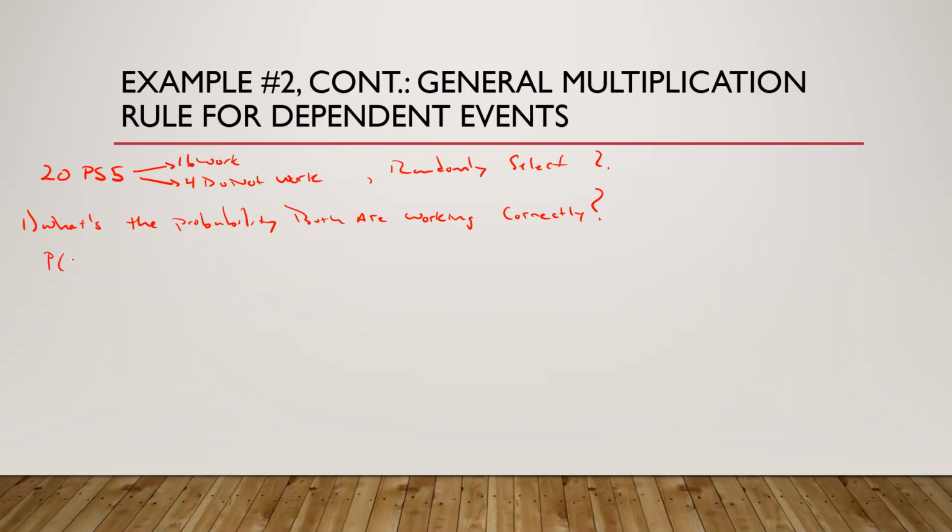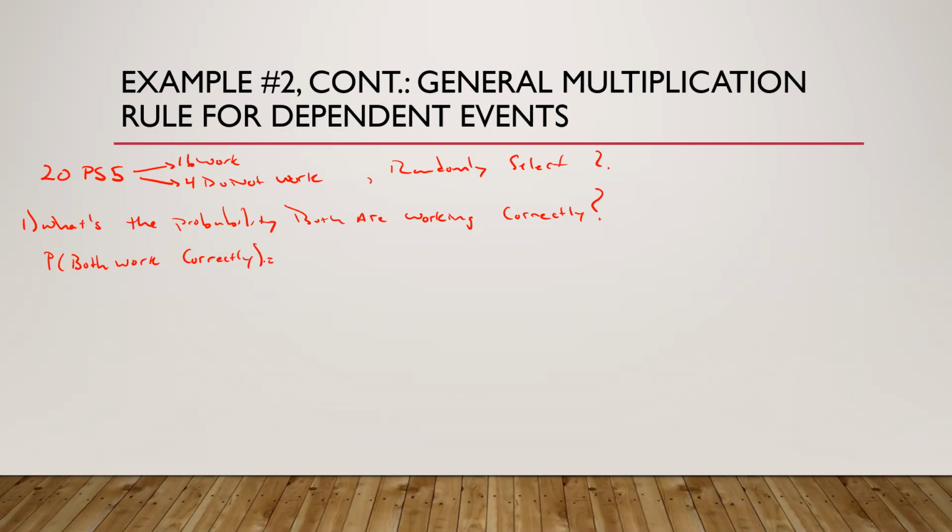So it's the probability both work correctly. Using the methods we've talked about in class, how would you write this so that we could solve it? Anybody got a suggestion? You can turn your mic on too if you want. Or not.